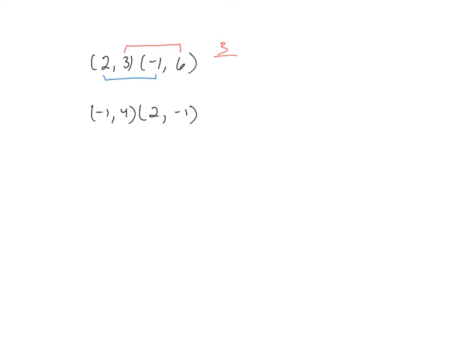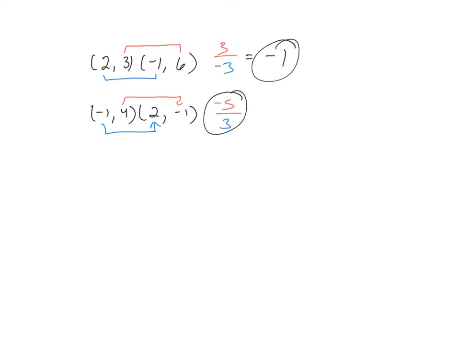Change in x from 2 to negative 1 goes down 3. So the slope would be negative 1. If you can divide them, do that. Change in y from 4 to negative 1 goes down 5. From 1 to positive 2 goes up 3. So the two slopes are that. And so we have neither parallel or perpendicular. If they matched, they're the same. If they don't match, they're different.